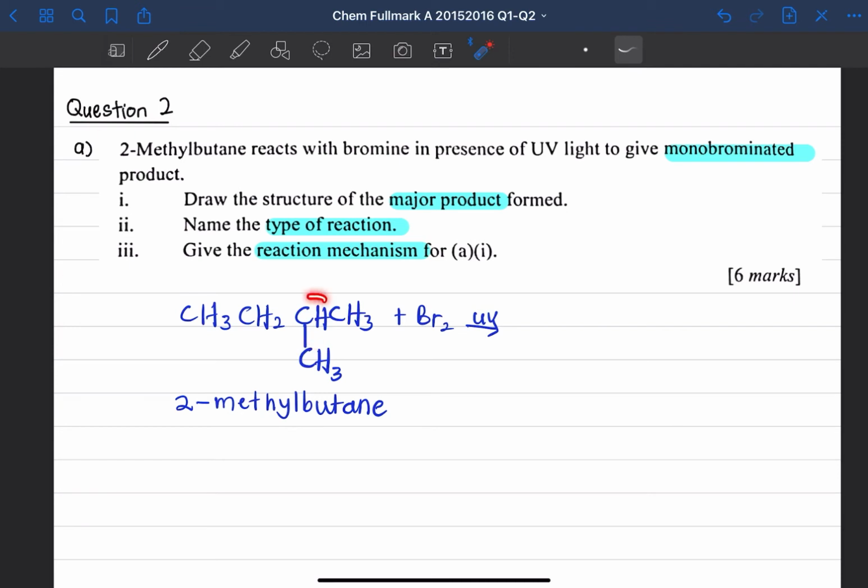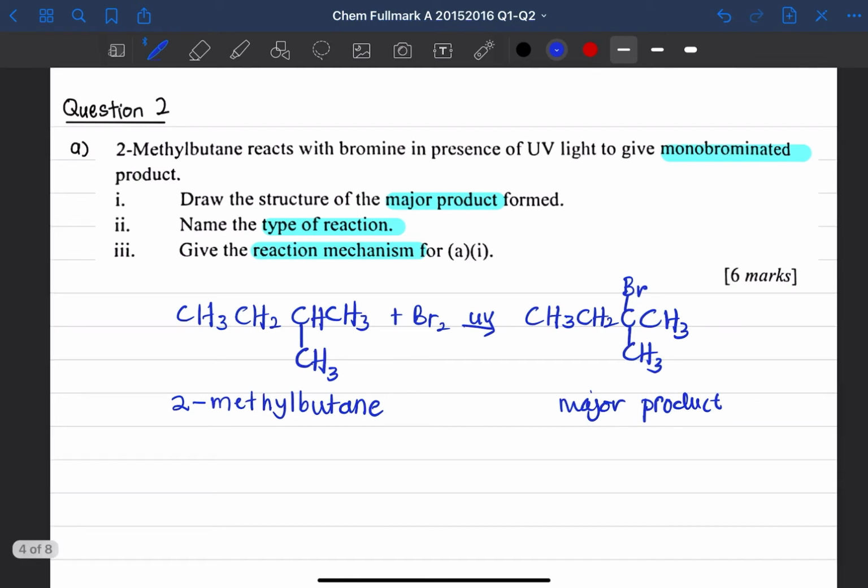We replace one hydrogen from this carbon with bromine. So what is the product? We have CH3, CH2, C with bromine, CH3, CH3, where the hydrogen is replaced with bromine. So this is the major product for the reaction.